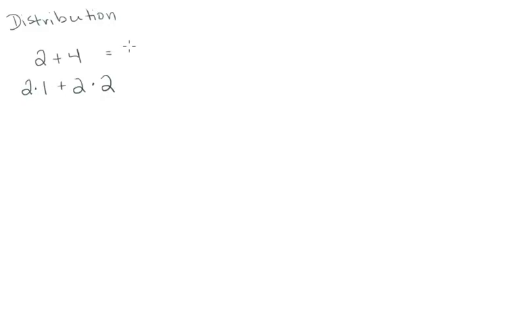This is equal to 6. This is equal to 6. Okay, well, I notice that I have 2's in both of these, right? Multiplying 2 times 1, and I'm multiplying 2 times 2. What if I took out that 2?